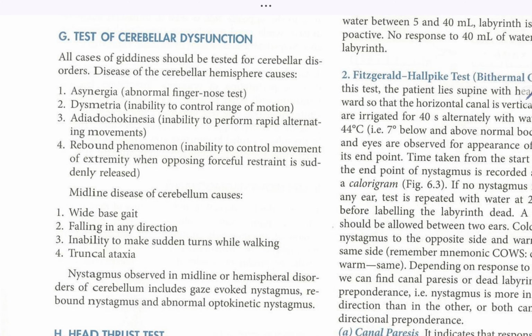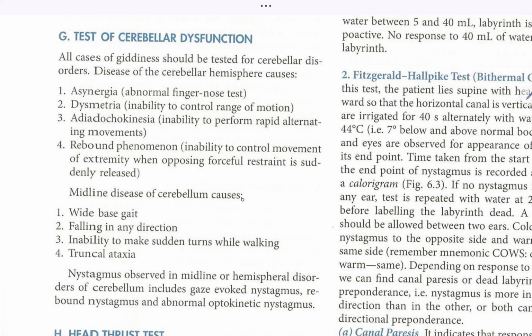Test of cerebellar dysfunction. All cases of giddiness should be tested for cerebellar disorders. Diseases of cerebellar hemisphere cause asynergia, abnormal finger nose test, dysmetria, inability to control range of motion, adiadochokinesia, inability to perform rapid alternating movements, rebound phenomenon, inability to control movements of extremity when opposing force restraint is suddenly released.